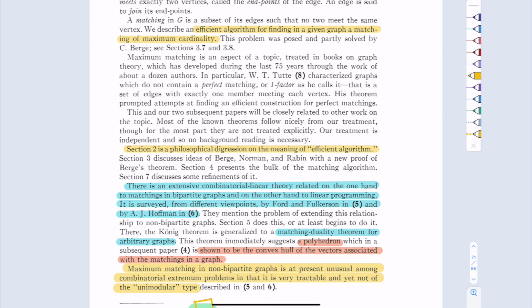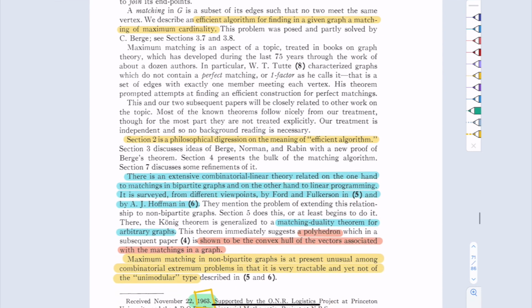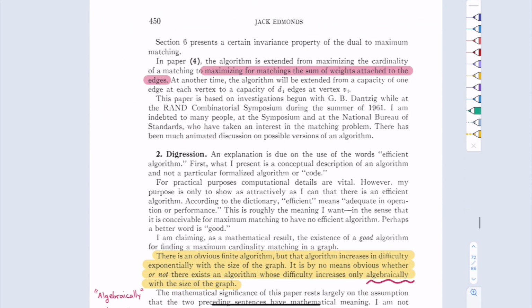And this is a major problem to solve, but what's also interesting is it's so early on that Jack Edmonds includes, in section 2, a philosophical digression on the meaning of an efficient algorithm. This again was before polynomial time was considered interesting.